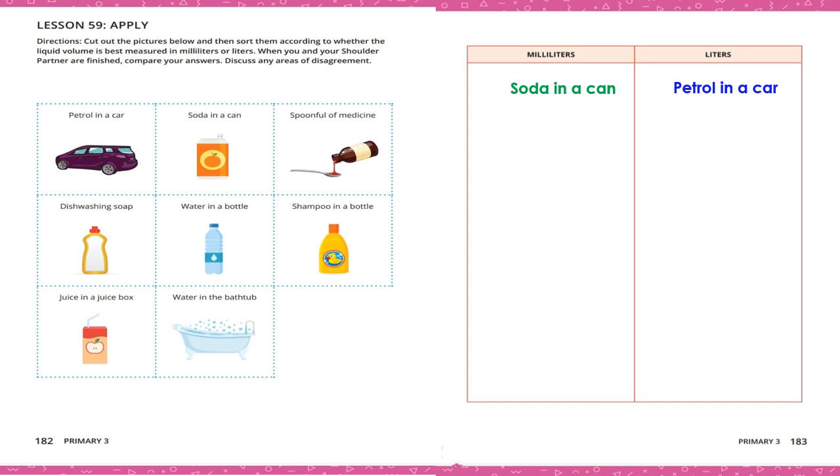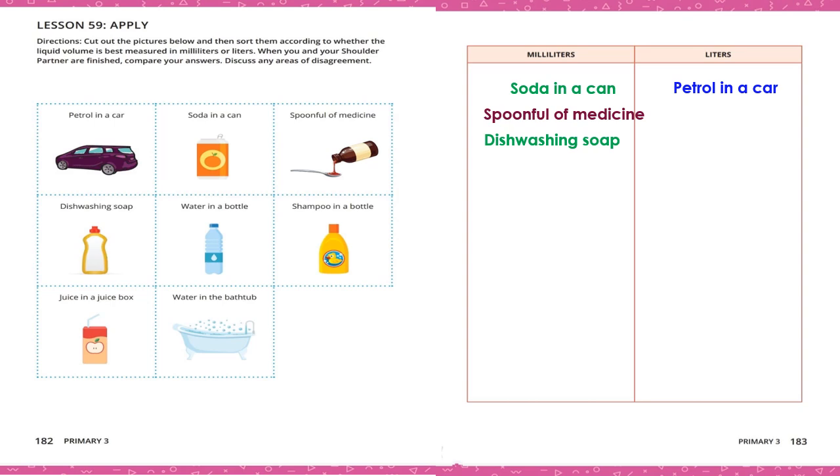Yes, it's a small amount, so we will take milliliters. Number 4, dishwashing soap. Is it a large amount or small amount? It's clear, it's a small amount, so we will put it in the milliliters column.